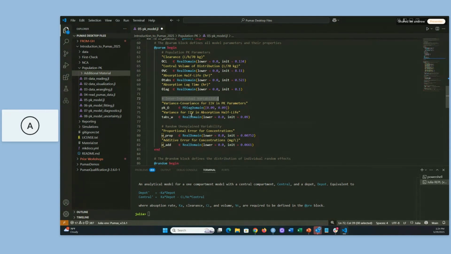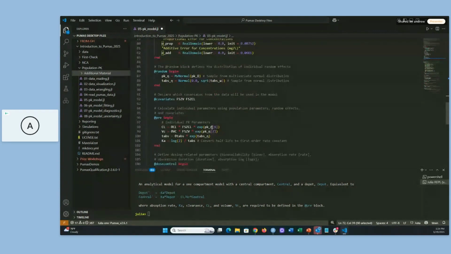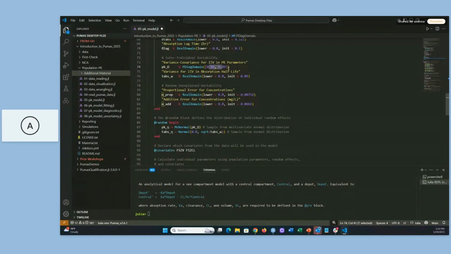In this case, we're only applying this onto CL and VC, so there are only two in our initial setup. And we have an individual omega setup for that IIV on the absorption half-life. And then we define both the proportional and additive error, the residual random unexplained variability.